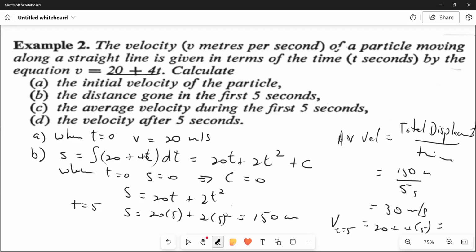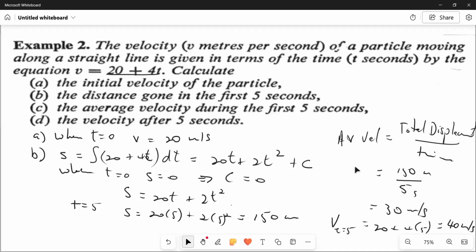Do I get it right? v equals 20 plus 40. We got 40 meters per second, right? You don't have to do any calculus there. It's just substitution in the expression for velocity. No calculus at all.